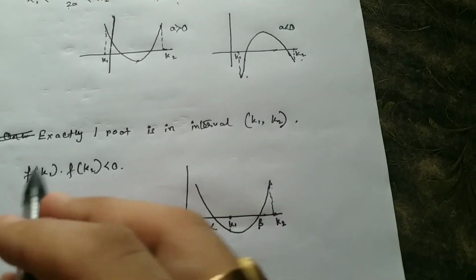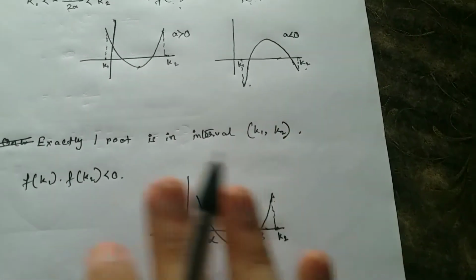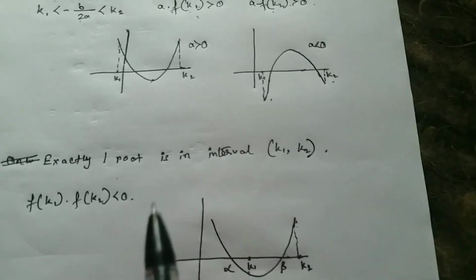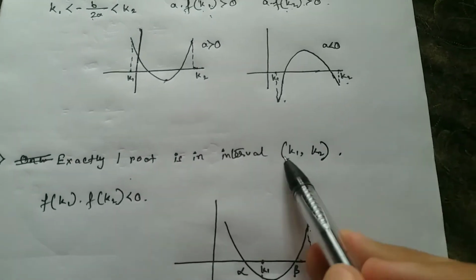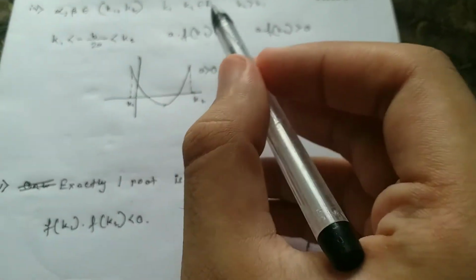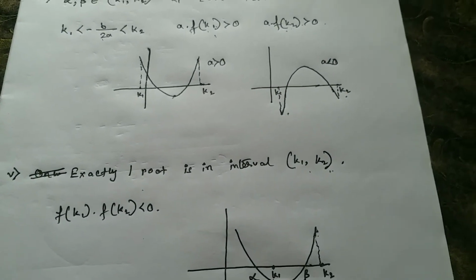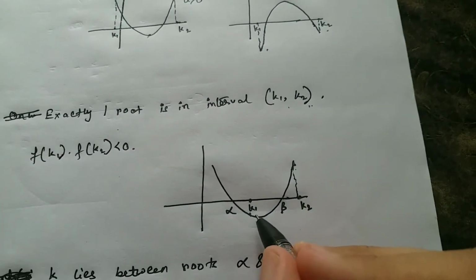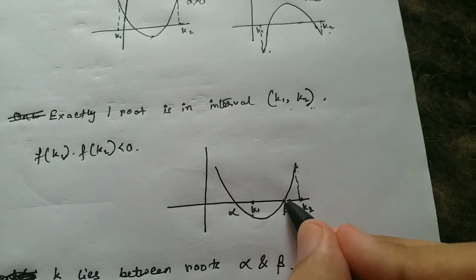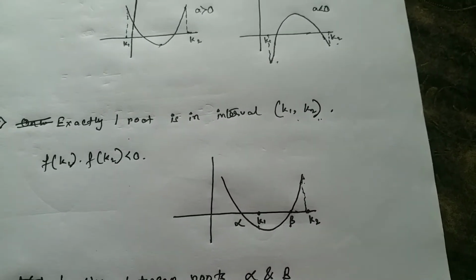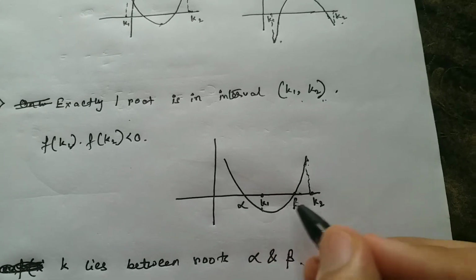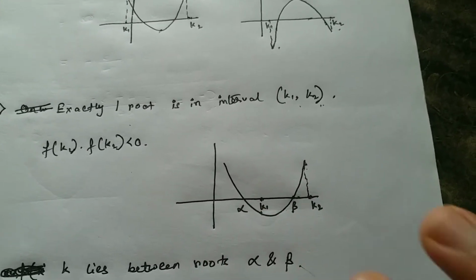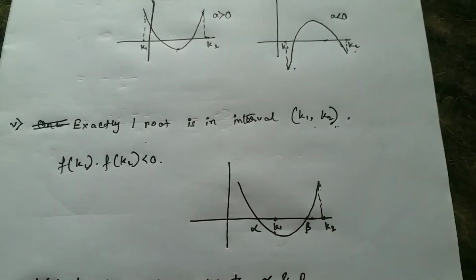Now case number 5. Exactly one of the roots, either alpha or beta, lies in the interval (k1, k2). In the last case both were lying in the interval, in this case only one. If you see from the diagram here, we are taking beta lying between k1 and k2. So irrespective of the value of a, f(k1) and f(k2) have to be of different signs.